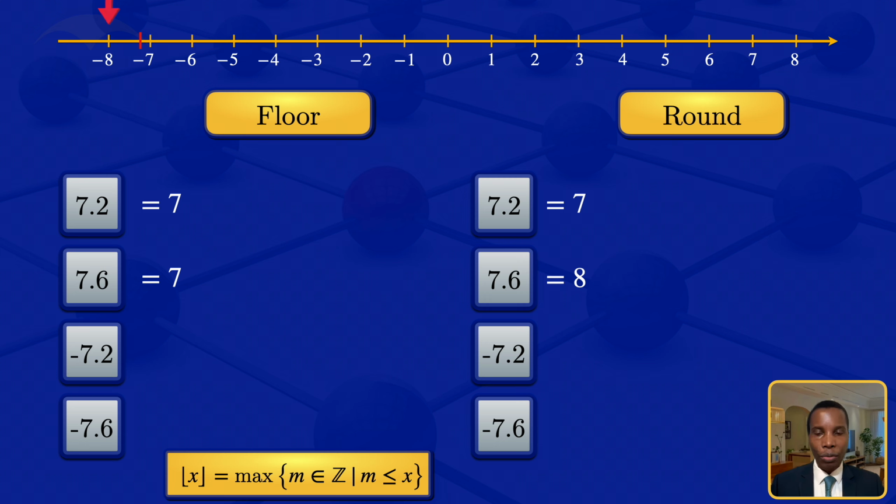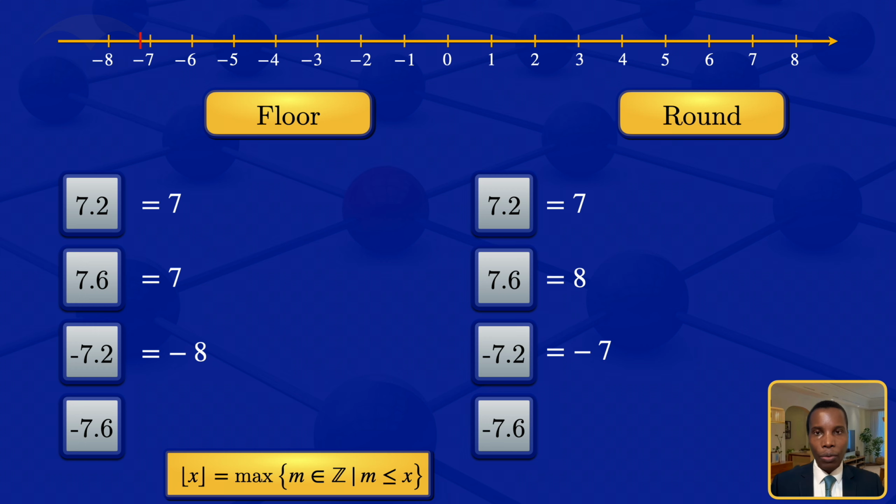So the floor value of minus 7.2 is minus 8. And then go on and look at rounding minus 7.2 to the nearest integer. The integer that is closer to the red marker here is minus 7. So when you round minus 7.2 to the nearest integer, it gives us minus 7.